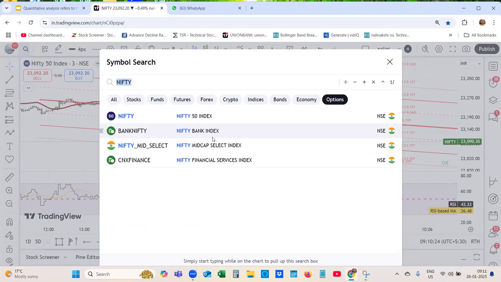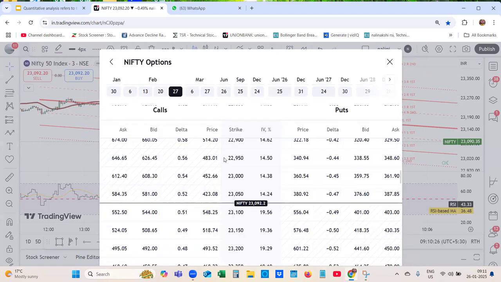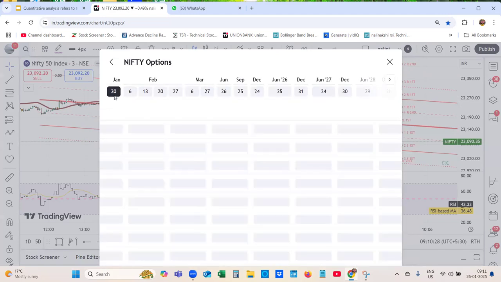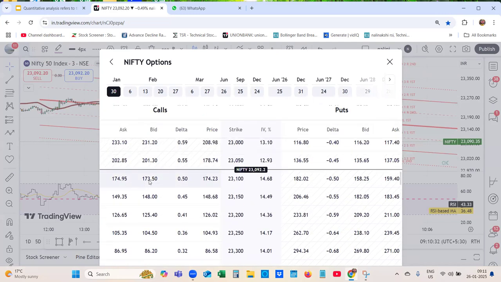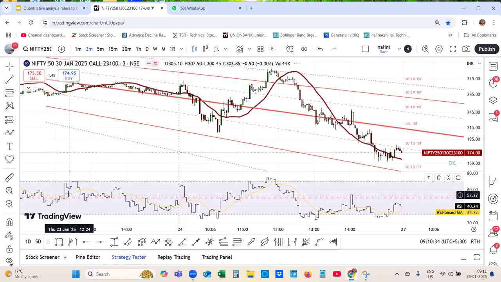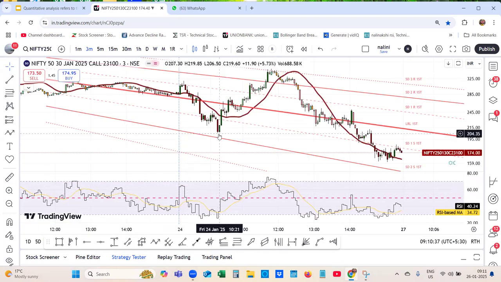Let us apply the call option 23,100, 30th January. Here I'm going to apply this call option. At the same time, 10:21, the RSI was in oversold position, and the RSI climbed over its moving average.